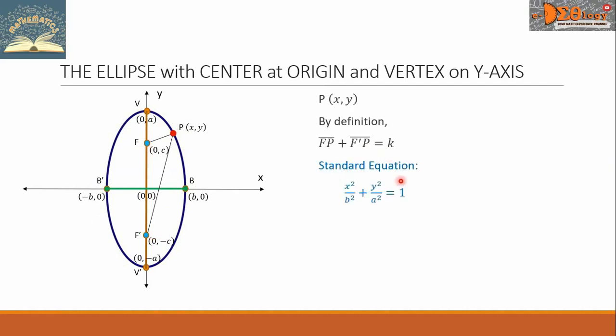Now, the standard equation of the ellipse with center at origin and vertex on y-axis is here. x squared over b squared plus y squared over a squared equals 1. The derivation of this equation is presented in the other video.